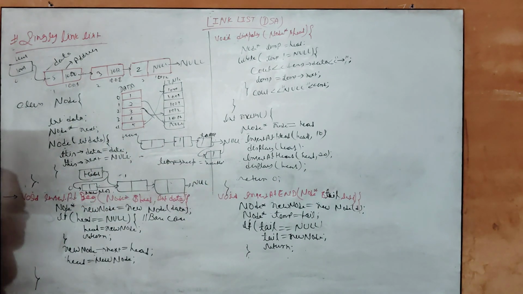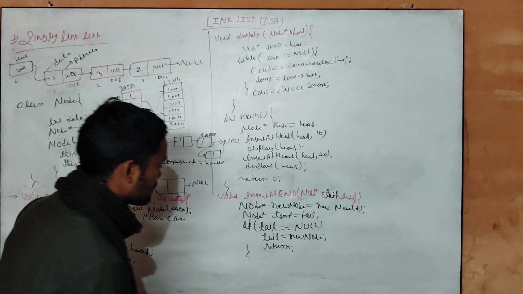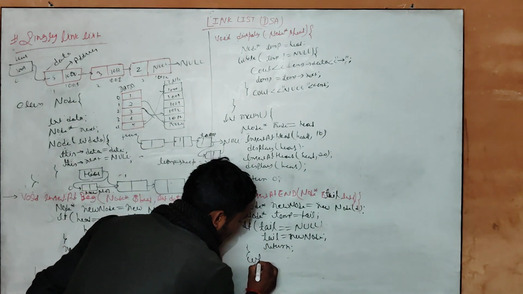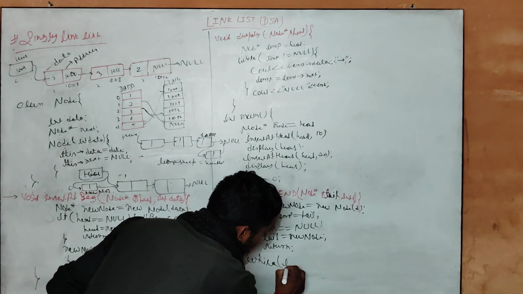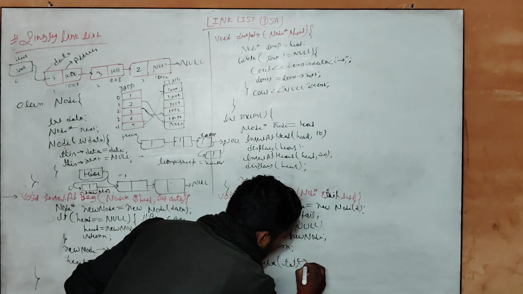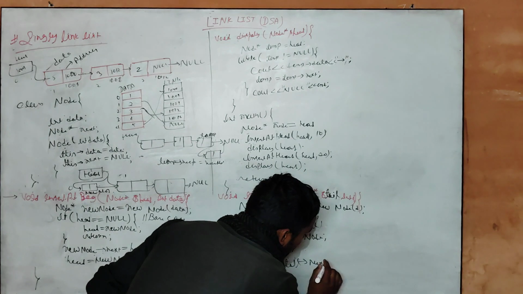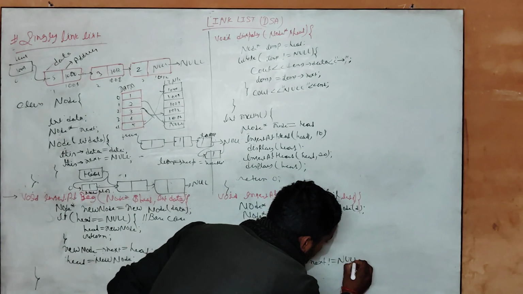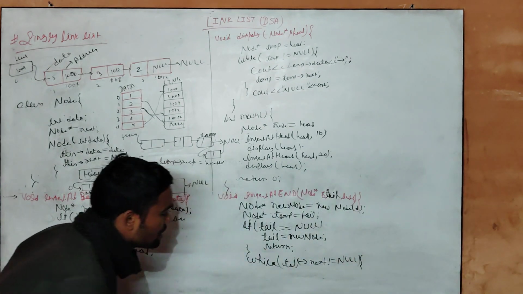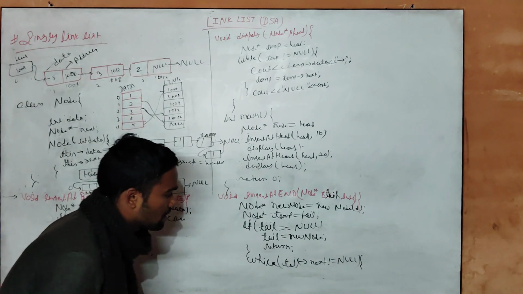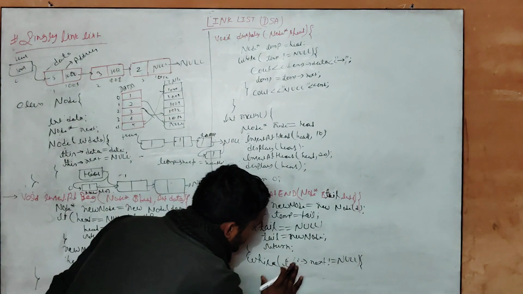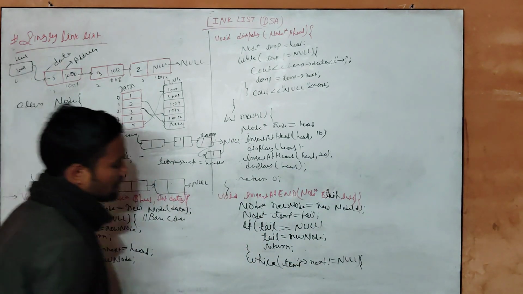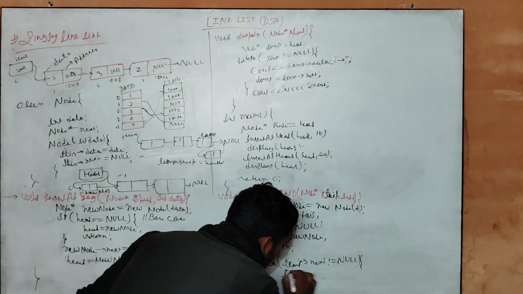I am writing while tail of next is not equal to null. Temp of next, sorry, here I am writing temp next, is not equal to null. Then what will we write here? Temp is equal to temp next.